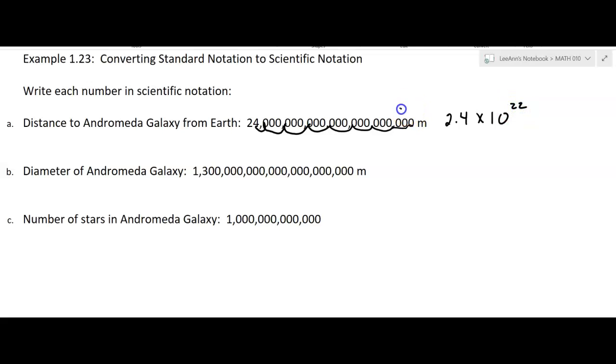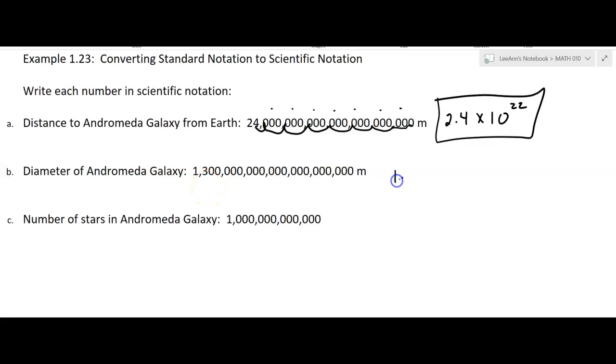Let me double check that. 1, 2, 3, 4, 5, 6, 7. That's 21 zeros. And then there was one more place. So yeah, I think that's right. That's written in scientific notation now. 2.4 times 10 to the 22nd power.